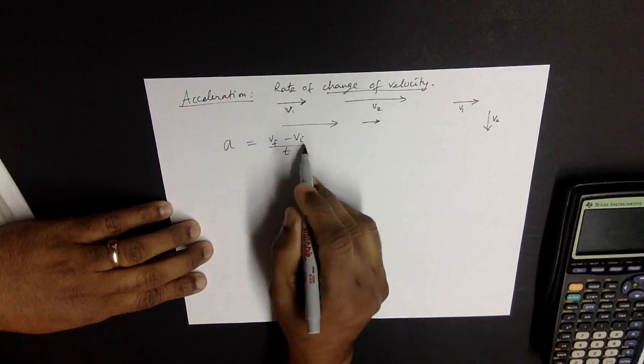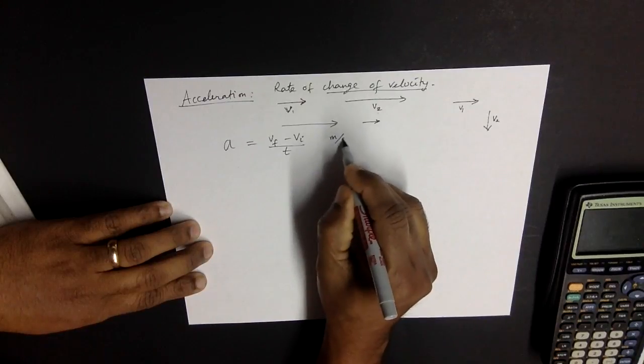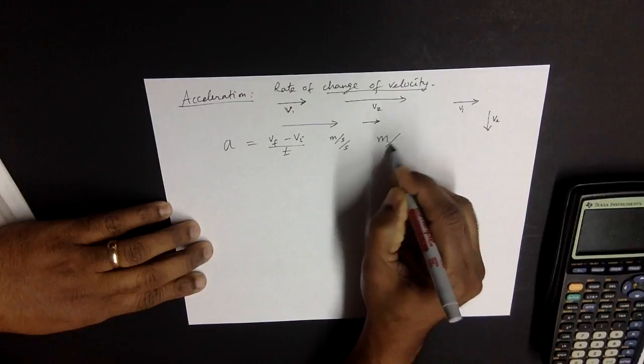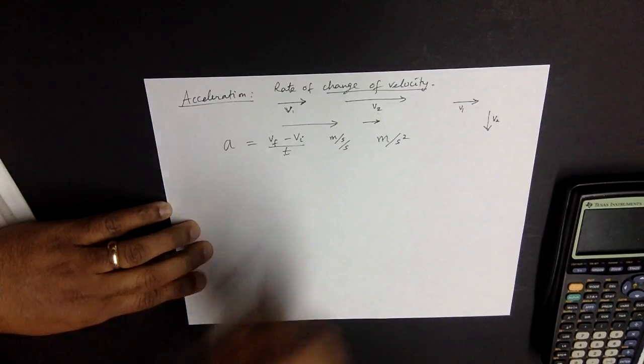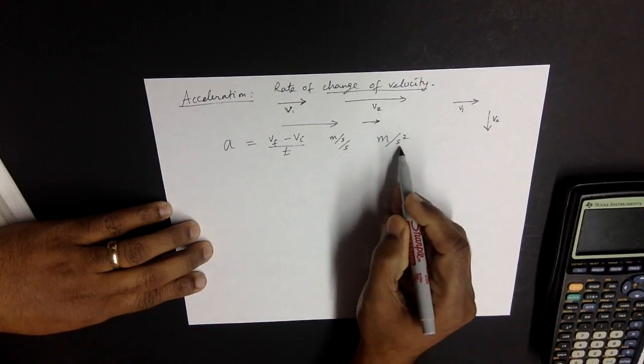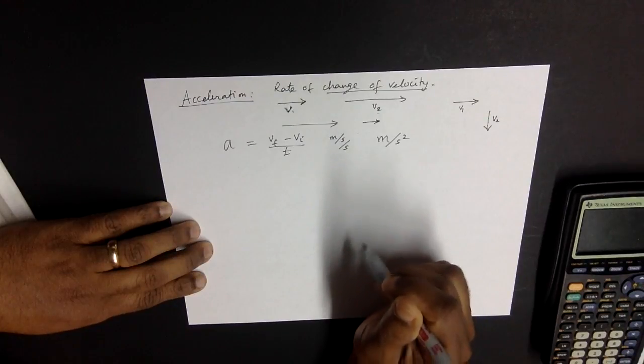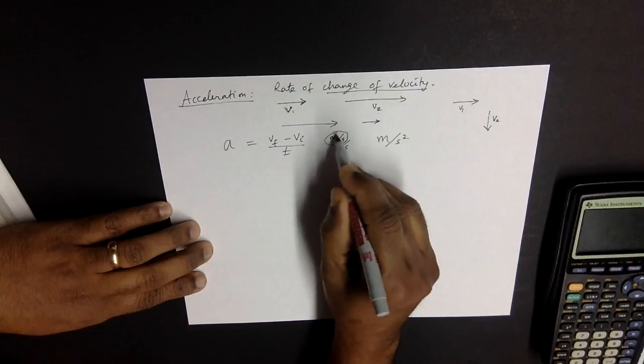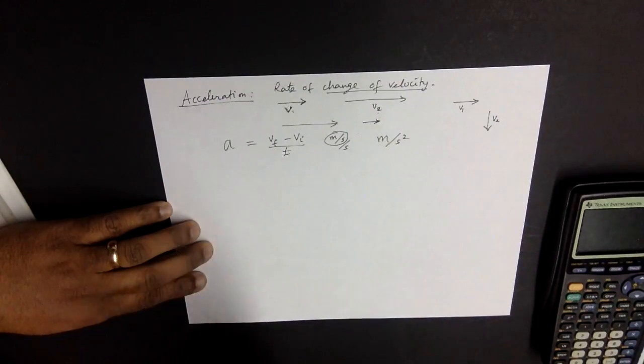Meters per second. So change of velocity is also meters per second, and then you divide by one more second. That's why we write it as meters per second square. So the unit of acceleration is meters per second square, while the unit of velocity is just meters per second.